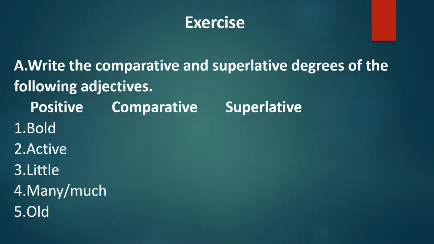Many and much, the comparative degree will be more and the superlative degree will be most. And the last, old is the positive degree, the comparative degree will be older and the superlative degree will be oldest.